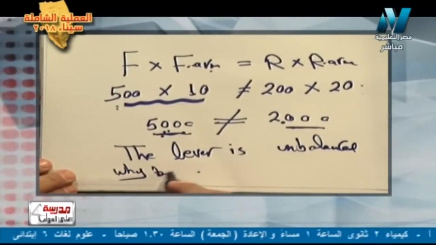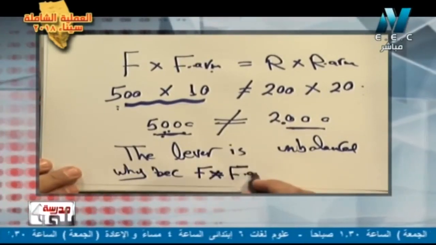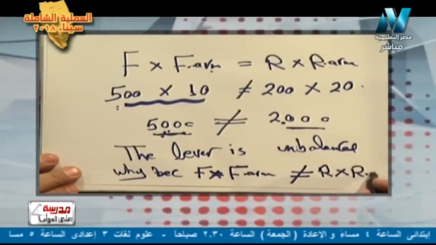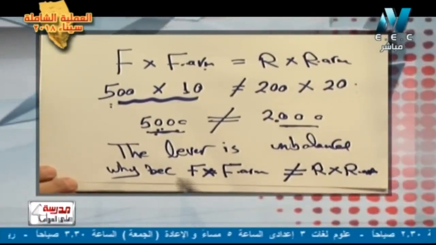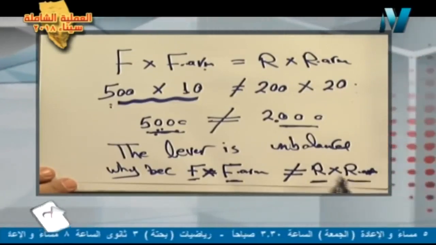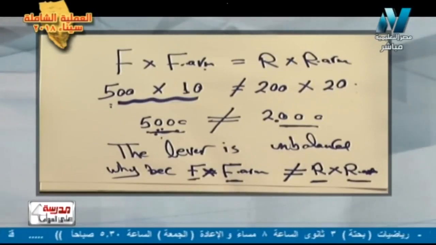Simply because effort force by effort force arm does not equal resistance by resistance arm, since the values are not equal. So the lever is unbalanced.